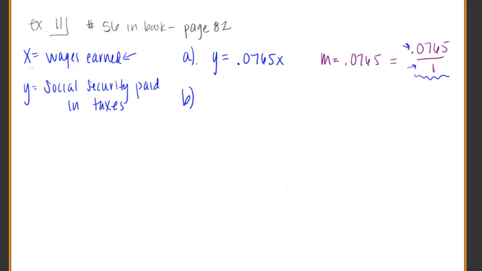So if this bottom number is 1, meaning you're going up by $1, the top number tells you how much your taxes are changing. So the taxes increase by, it's really by 0.07. So if you want to round that, because obviously you can't pay 0.0765 pennies, you know, if you want to say the taxes increase by 0.08 cents for every dollar increase in wages.